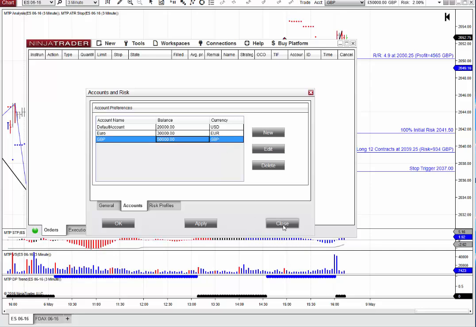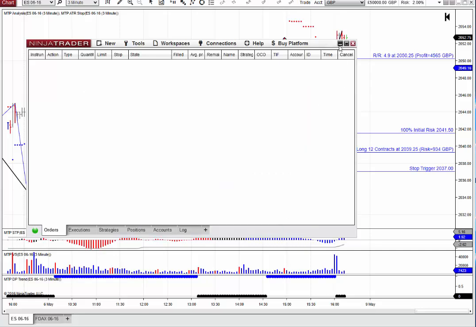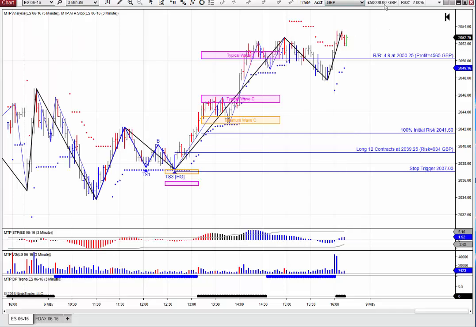One thing we do at MTPredictor here is we change the tick size or the pip size depending on your particular currency. So in other words, if you're trading in British pounds, the tick here, even though it's an ES chart, will be calculated in British pounds. If you're trading in euros, or your base account's in euros, the tick size will be then calculated in the background in euros for you.